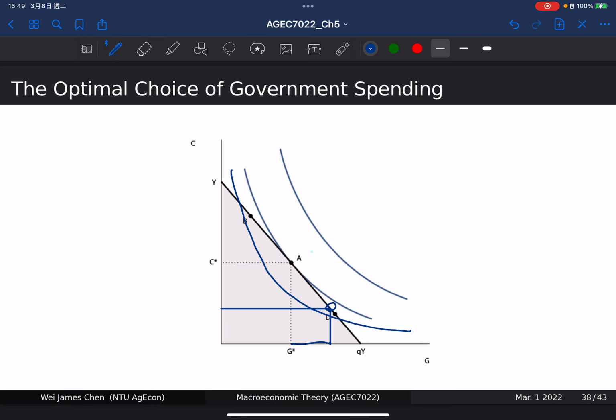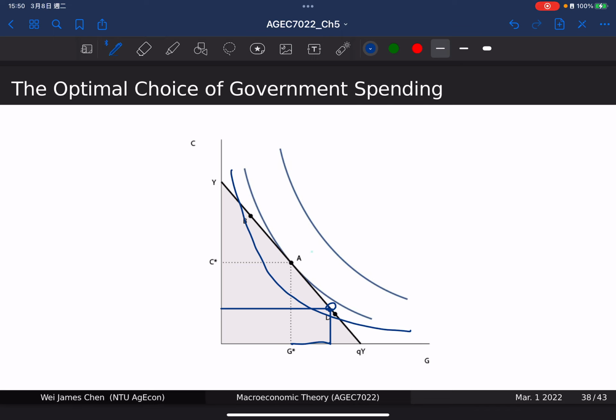The consumer will choose between consumption and leisure and maximize his or her own utility. So we only need the consumer to know his or her own utility, and we only need the firm to know the firm's payoff, the pie, so that it can maximize that pie. The firm doesn't need to know anything about the consumer, the consumer doesn't need to know anything about the firm, and the government doesn't need to know anything about the firm and the consumer, but we can still have a competitive equilibrium.